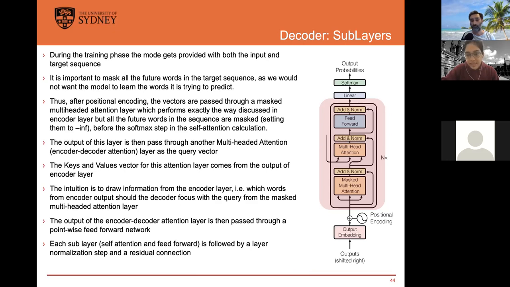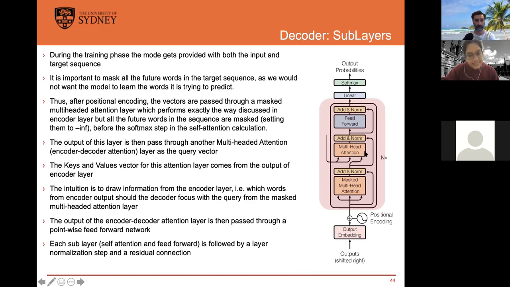What happens here is the output of the first layer acts as the query, and the output from the encoder layer acts as keys and values. It is like saying, for the word in hand, the word we are working on, I have this query; which word in the encoder input sequence should I focus on to predict my next output better? That is what is done in this attention layer.